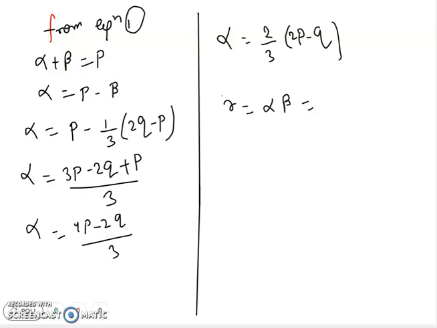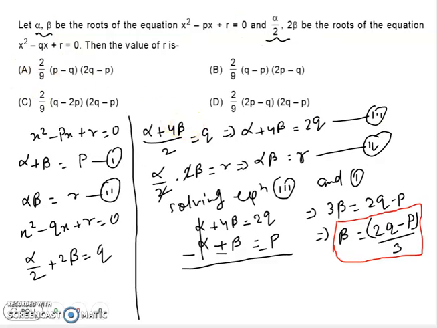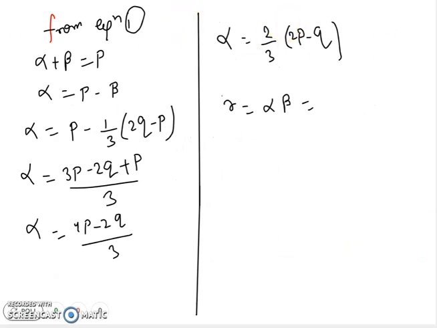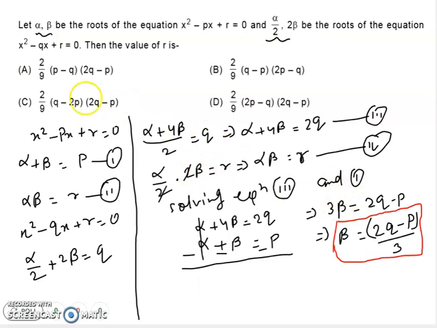The value of alpha is 2 by 3 (2p minus q), and beta is 1 by 3 (2q minus p).